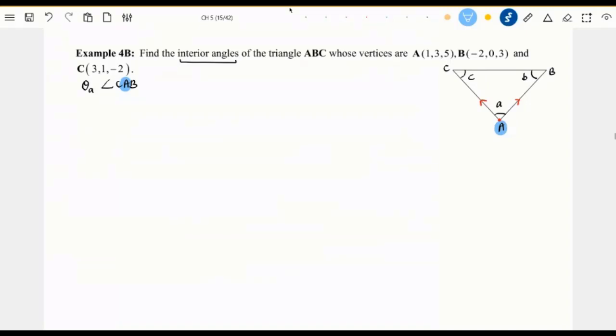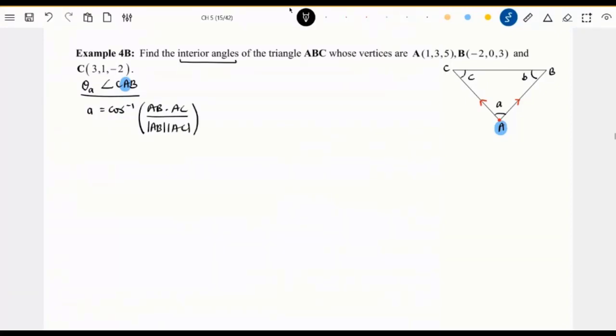In order to find it, what we should do is find only two angles and then C tu kita boleh tolak daripada 180. For angle A ataupun CAB, kita akan menggunakan inverse cos of AB dot AC over magnitude AB magnitude AC.